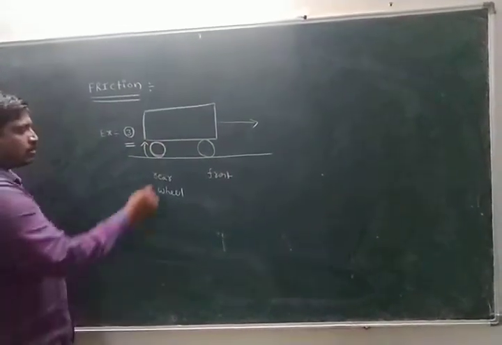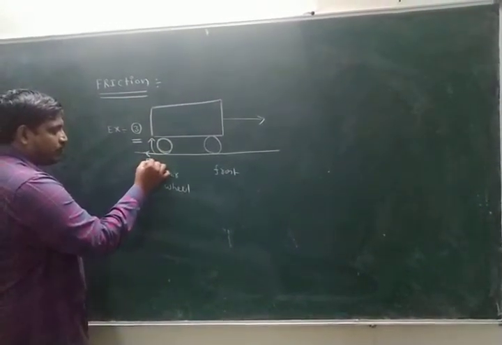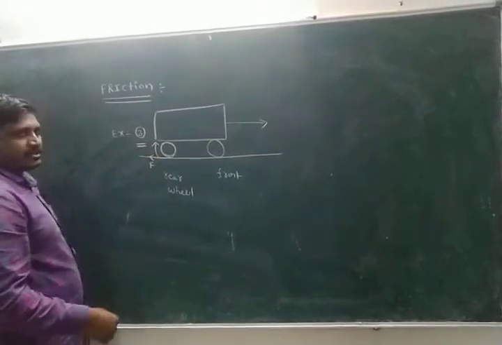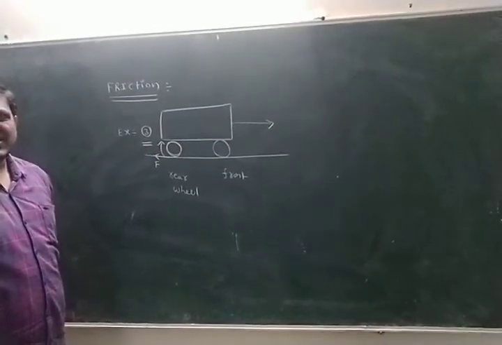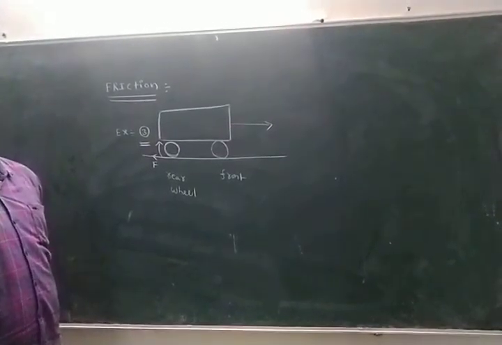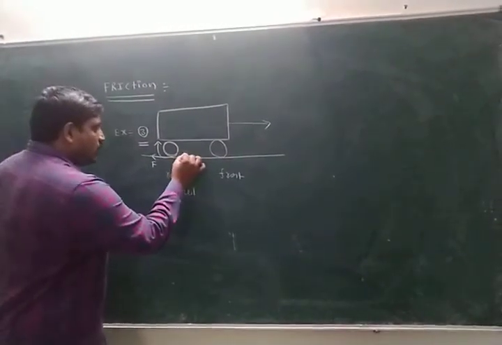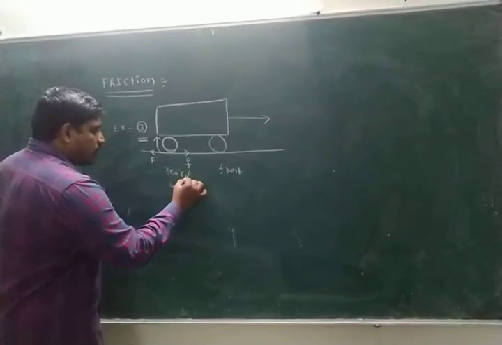Here, look, it moves in a clockwise direction. An external force is applied in this direction because of the engine. We notice friction always acts opposite to the external force. This is the direction of friction on the rear wheel.